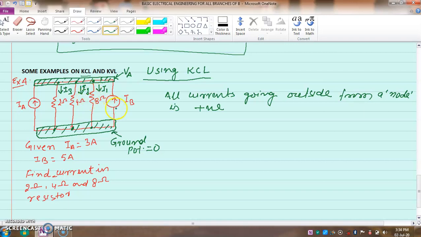If any current in the question is coming inside, what will be its value? Its value will be negative. So inside current at the node will be negative. Outside current is positive; this is a convention that you assume all currents are going outside.